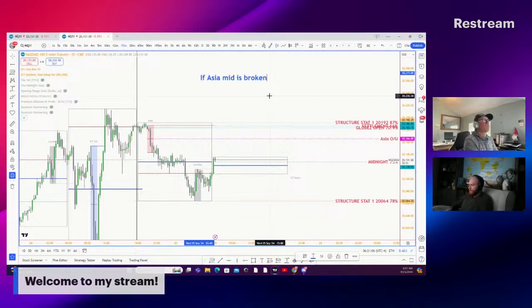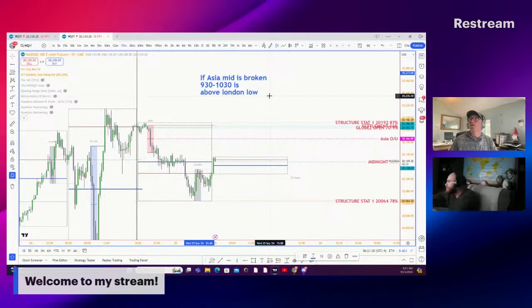All right. What's above if that mid is broken? As in the projections. 1 second. Yep. Just the 930 to 1030 box for now. 930, 1030 box with the settings of being above Asia. We're looking at UXP.